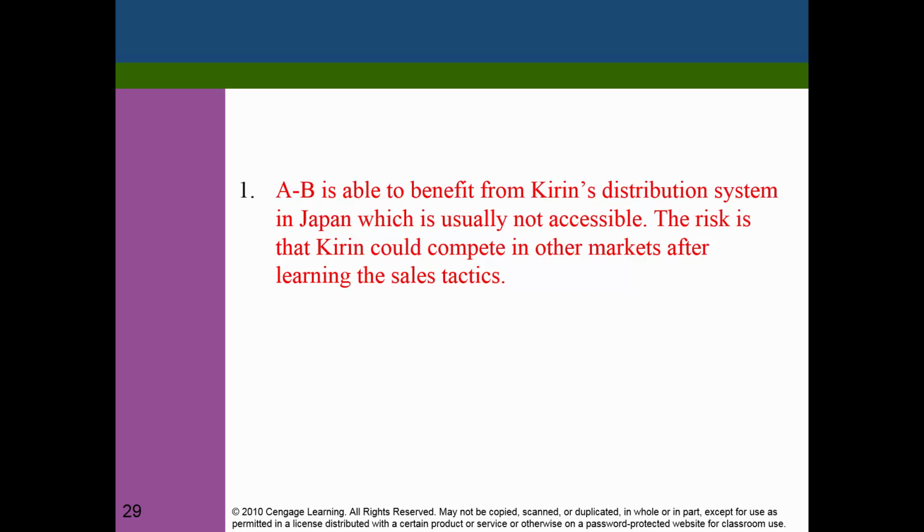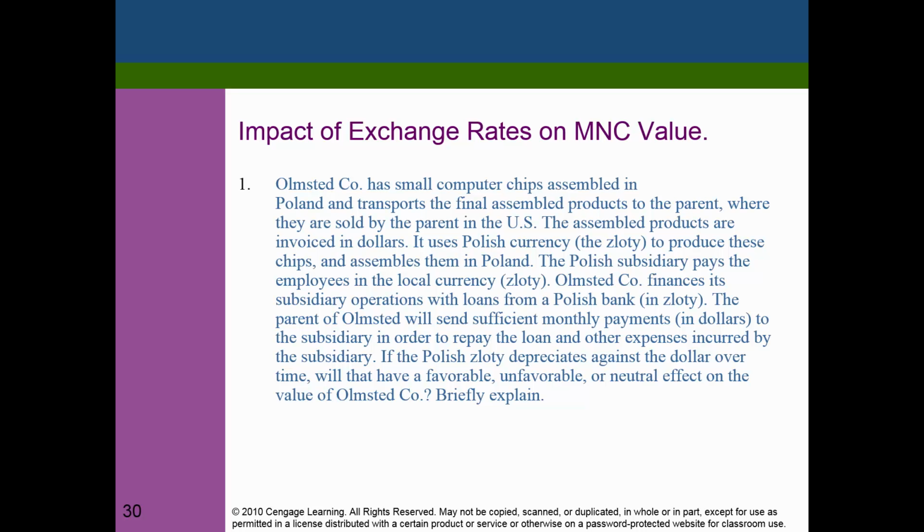Now, what is the risk they face? The risk they face is that by giving their know-how as far as the US market is concerned to Kirin Beer, perhaps they're giving their secrets away to a foreign competitor who might be able to use that to compete effectively, not only in the US markets, but perhaps in other markets all over the world.